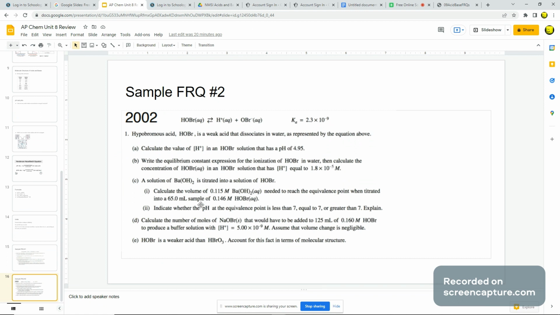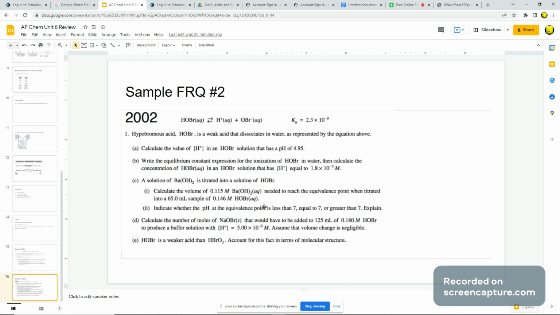And then second part, indicate whether the pH at the equivalence point is less than, equal to, or greater than 7. Okay, so another one of these questions. It's going to be greater than, because again, HOBr is a weak acid, and so its conjugate base is going to react with water, forming more hydroxide ions.